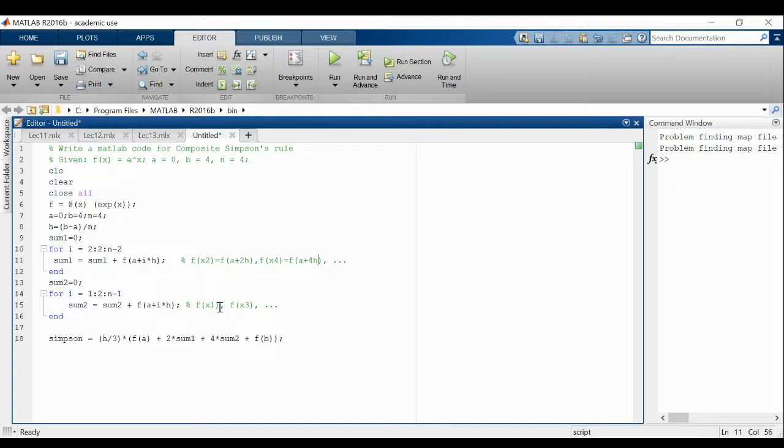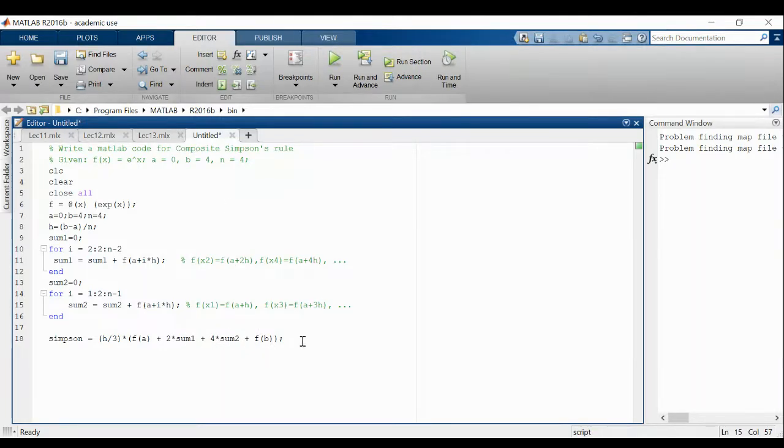And this is equal to f of x naught plus h, and similarly f of x3 is equal to f of x naught plus 3h. You got my point now? If you pay attention, I think you are able to find this sum and this sum as well.